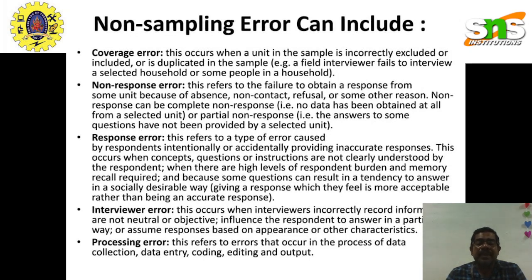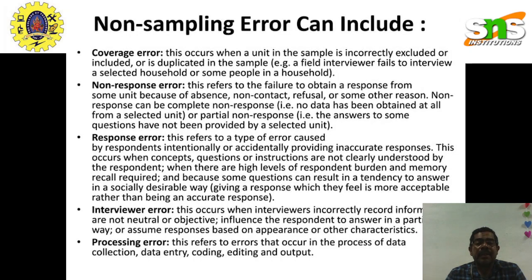And the next one is the interviewer error. The questions we asked, or the questionnaires we put on the website or through a Google form, and the understandability of the question to the viewer, are very important. The interviewer should ask a clear-cut question, understandable to the person who is going to answer.